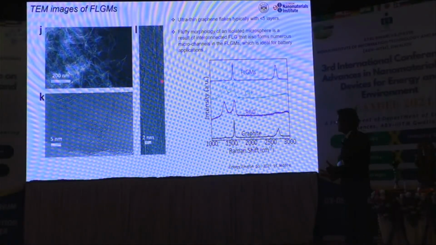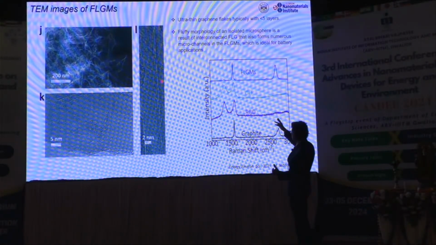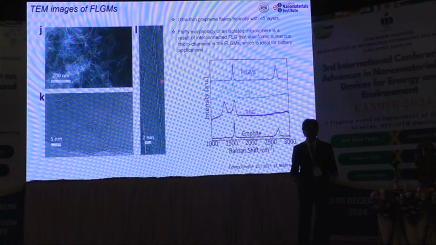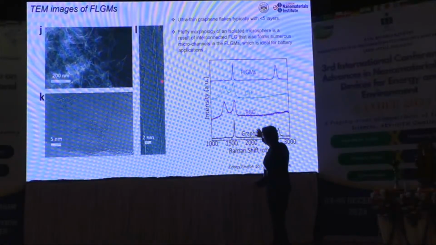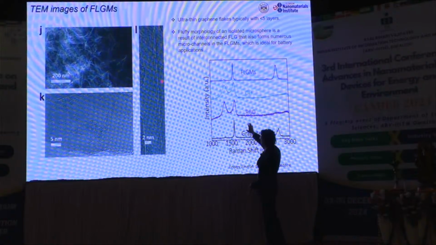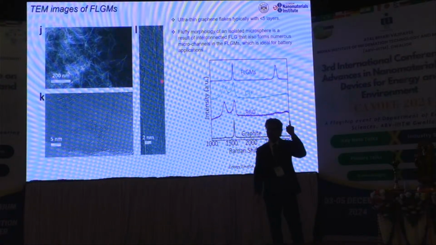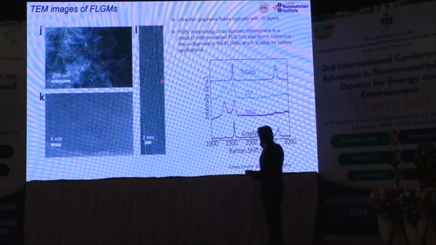And they call it reduced graphene oxide. So GO is graphene oxide, RGO is reduced graphene oxide. But clearly you can see that reduced graphene oxide is much, much, much inferior to graphite or the few layer graphene microsphere, which is the topmost spectrum. So you want very sharp, narrow peaks like you see there.